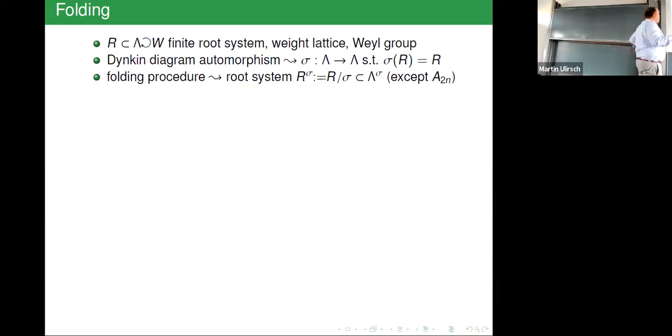It turns out that several authors gave the original combinatorial procedure. In that case, what you will do is that you take the invariant roots, typically an involution.